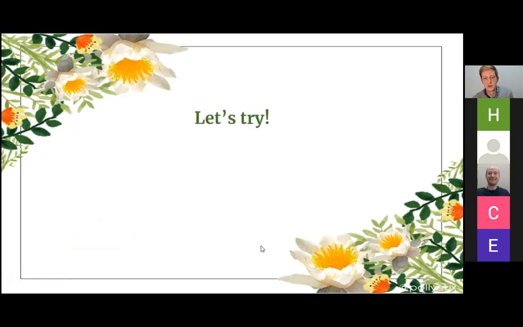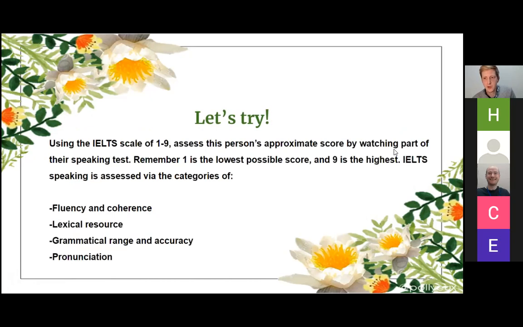So now we're going to try it. We're going to use IELTS style this time. So you are going to be examiners. On an IELTS scale, you have 1 to 9. As I said, 1 is an attempted assassination of the examiner, and 9 is IELTS examiner level.